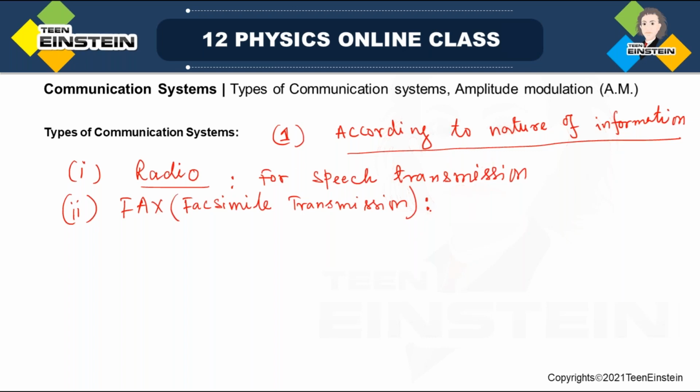If you left your documents at home and you have gone for an interview in Delhi, so how do you get your documents? If somebody can fax you, you will get them. So generally still pictures and documents are transmitted.